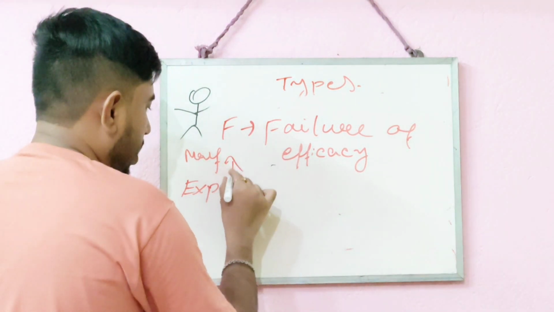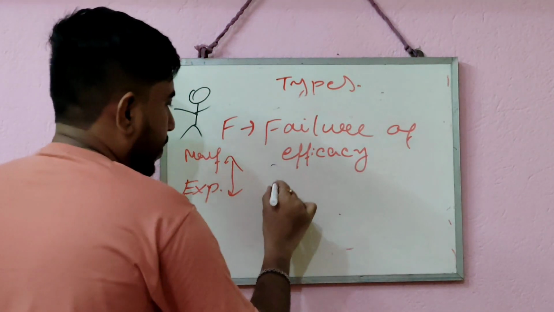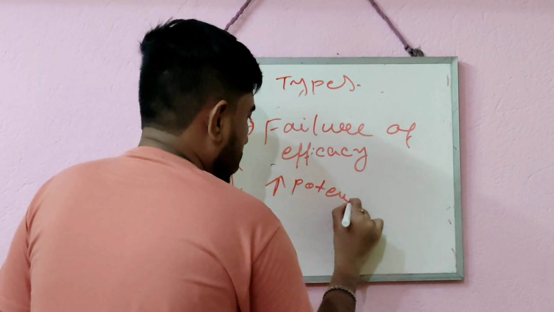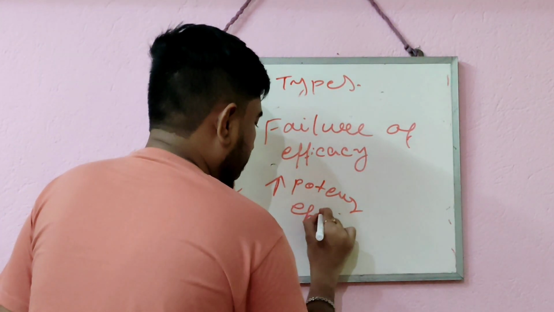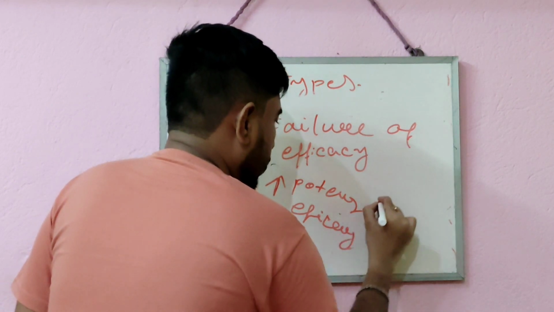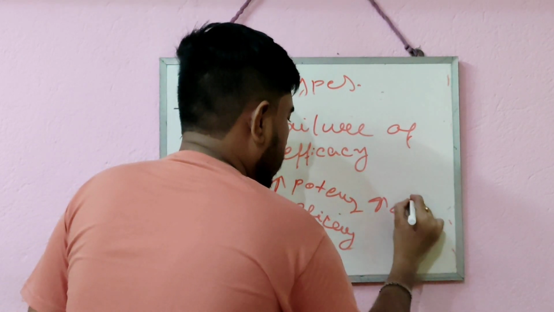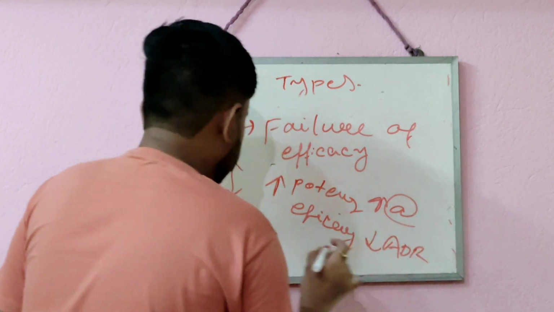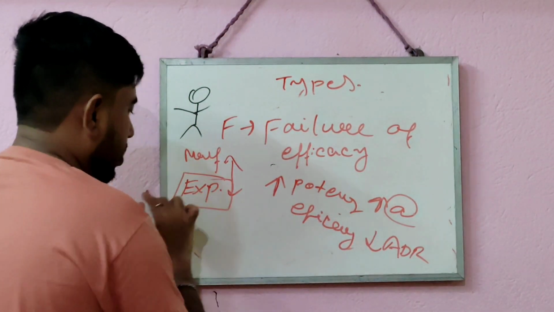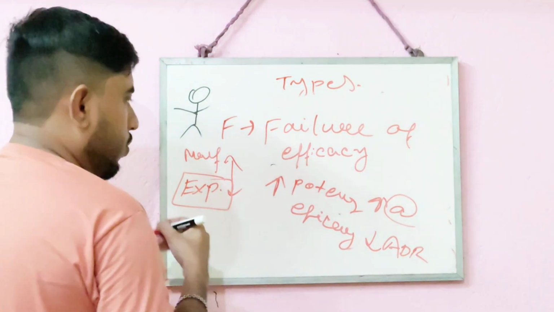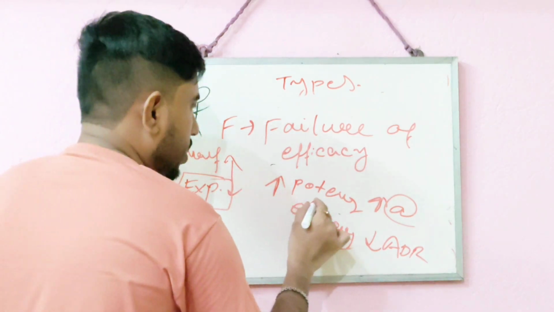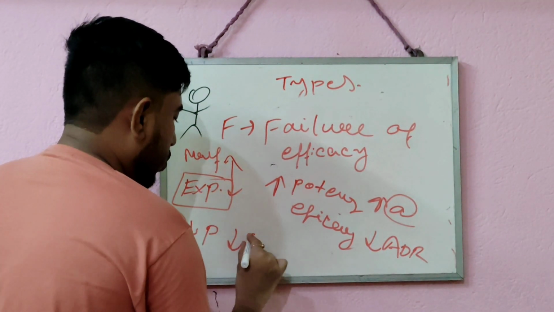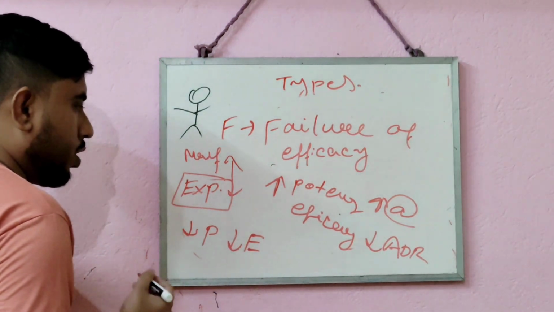In between them the drug has maximum potency or efficacy, showing more specific action and less adverse drug reaction. But after expiry the drug starts to deteriorate and its potency and efficacy start to reduce.